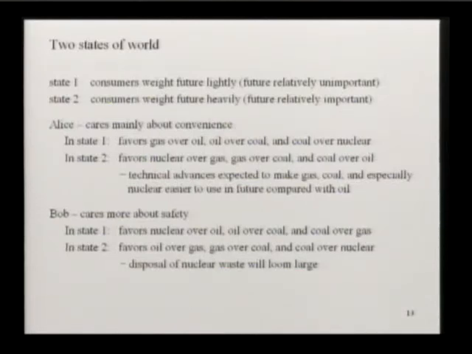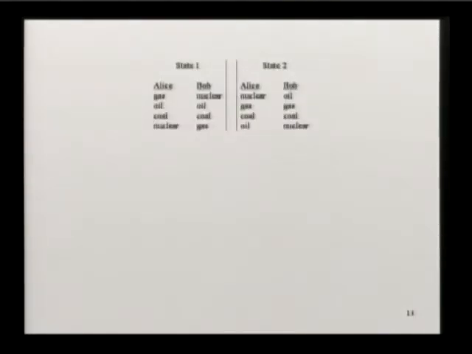So really all I've been doing is telling you a story about why Alice and Bob have the particular preferences they do in the two states, and I've summarized their preferences here. So in state 1, these are Alice's preferences.